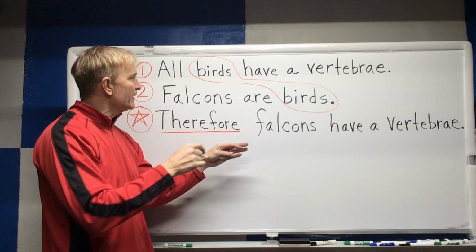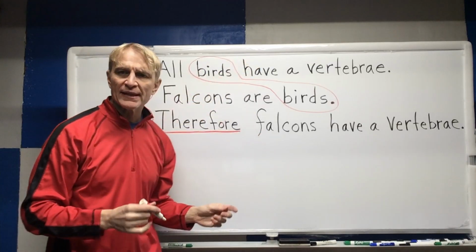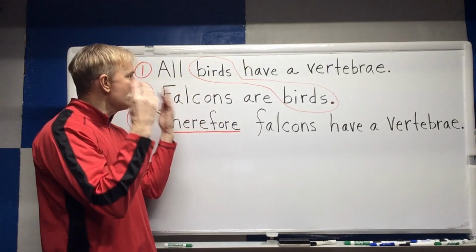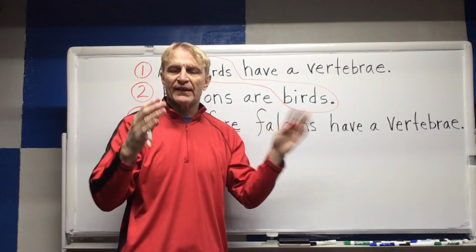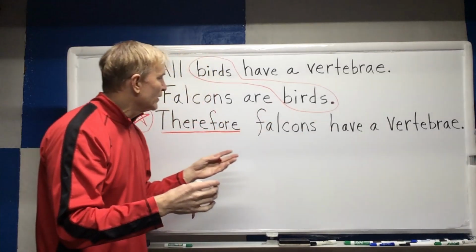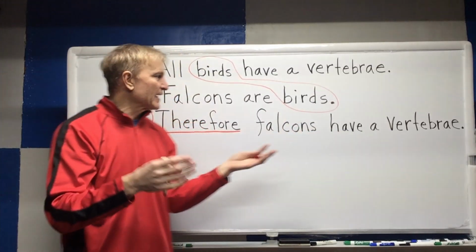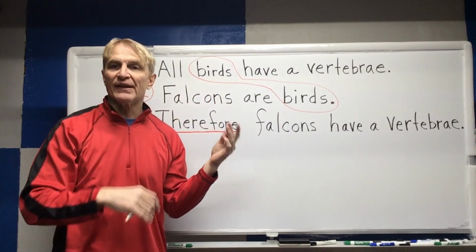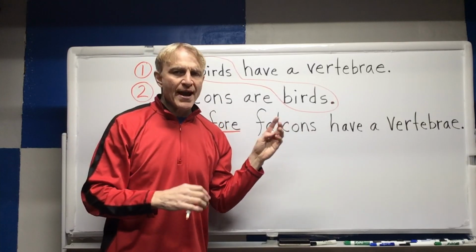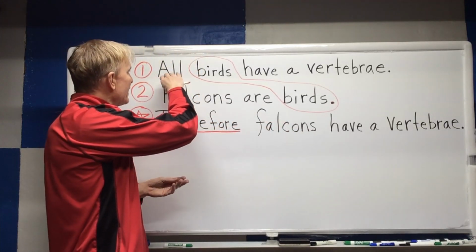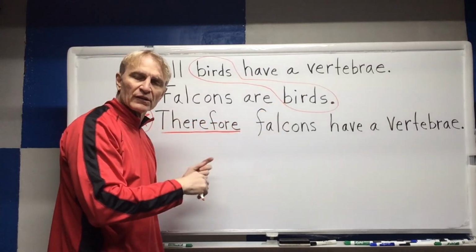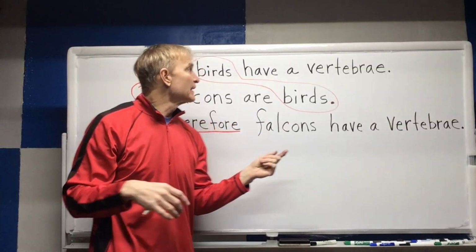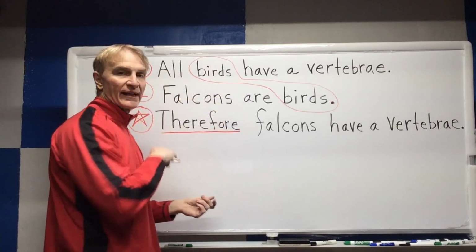The only way that I could have this stand alone independently would be if I knew birds are falcons, which I do, but we can't make that assumption. So we certainly can't make that assumption in this case because they're making a second statement telling us. So now I'm getting the idea that they're not going to be two statements both arrowing to the conclusion because they are not standing independently.